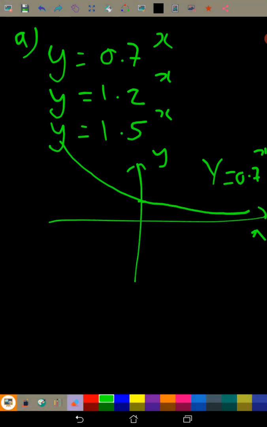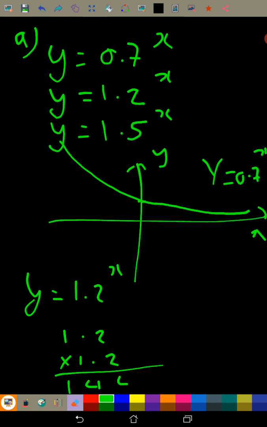So we take y is equal to 1.2^x. We know it's going to go through this, but we want to know how it behaves. Let's say 1.2 times 1.2, this is 1.44, if I'm not mistaken. So from 1.2 to 1.44, that's because x is 2.